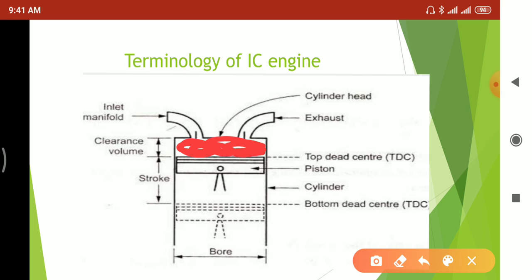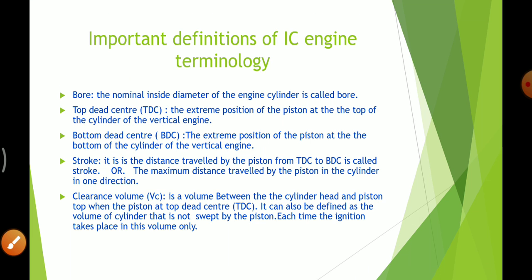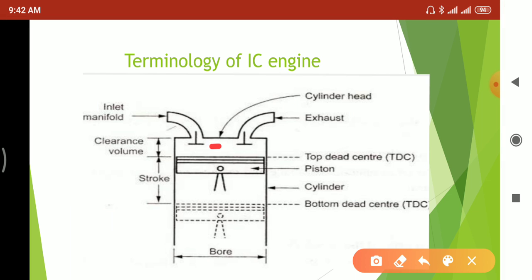This is the volume of the cylinder above the piston when the piston is at TDC, called clearance volume, or simply V suffix C. In this, the combustion takes place in this region only. This is nothing but clearance volume.